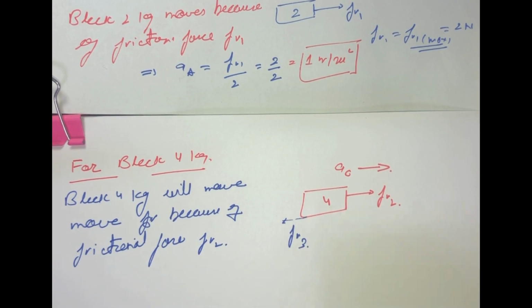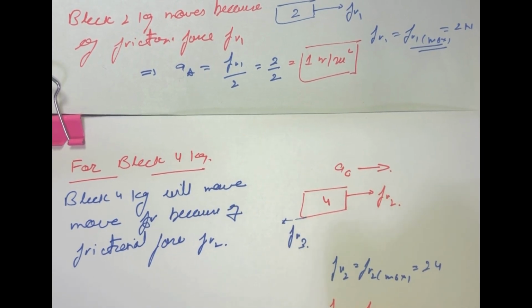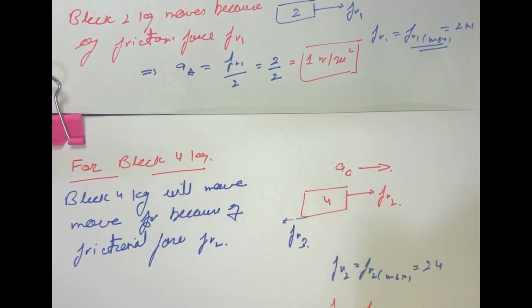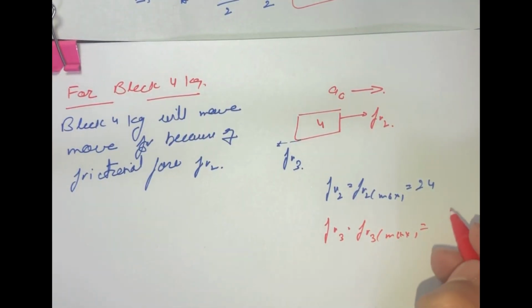Okay, so we can say that it is sliding, so Fr2 will be equal to Fr2 max, and Fr2 max is 24 Newton, and similarly Fr3 will be equal to Fr3 max, which is equal to 16 Newton.